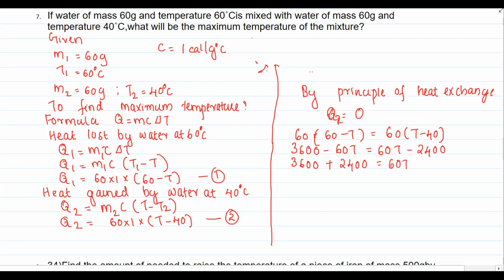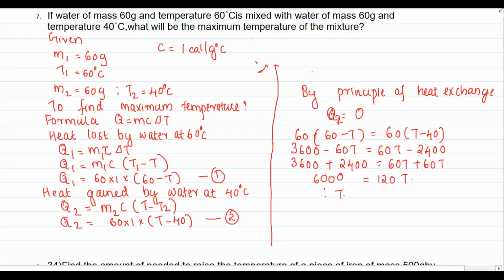This 60T when I am taking to this side will become plus 60T. That is 3600 plus 2400 is 6000 will come. 6000 is equal to 120T.